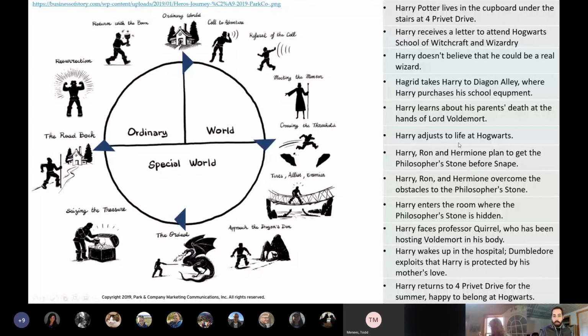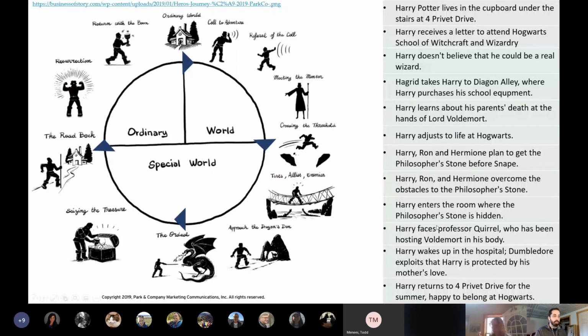His life at Hogwarts, his classes, his friends, those are his tests, allies and enemies. As they build up to the final climax, they plan to get the Philosopher's Stone, and when they finally achieve getting the Philosopher's Stone, he faces Quirrell in the final ordeal.